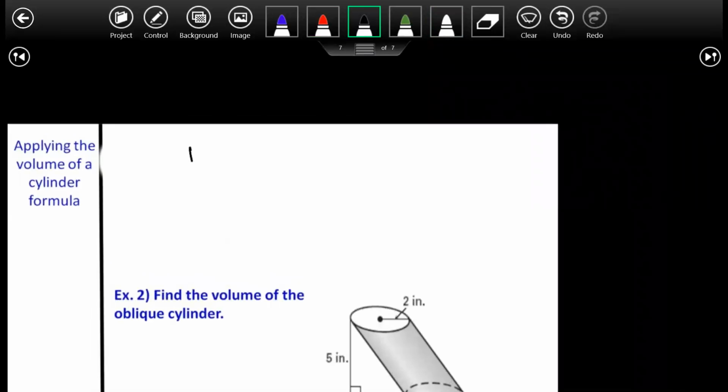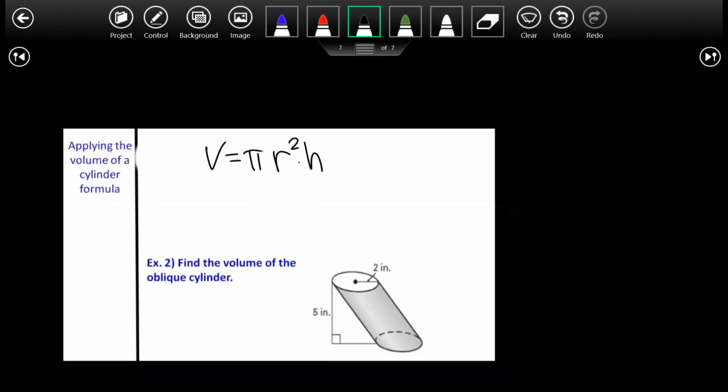Okay, our volume for this last one will be pi r squared times h. Now, in this case, all we really need is we have our radius, which is 2, and we have the height of it, which is 5.